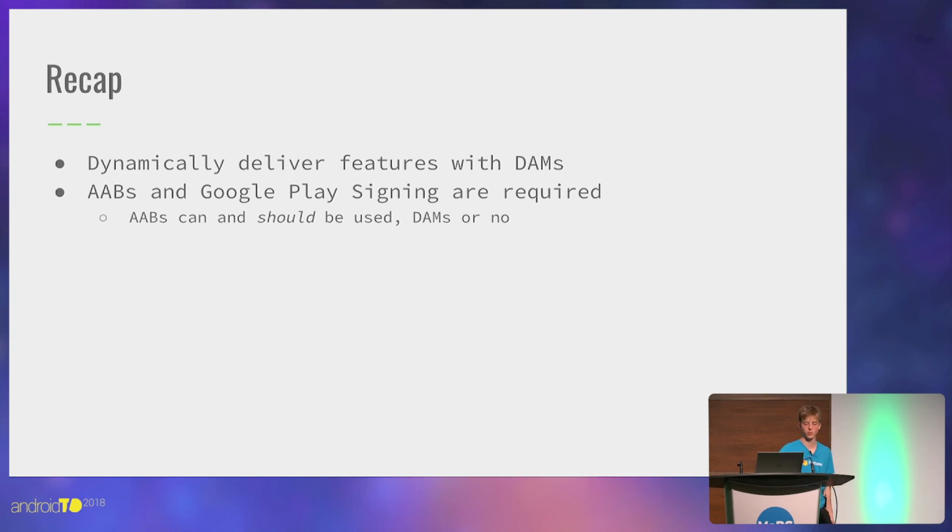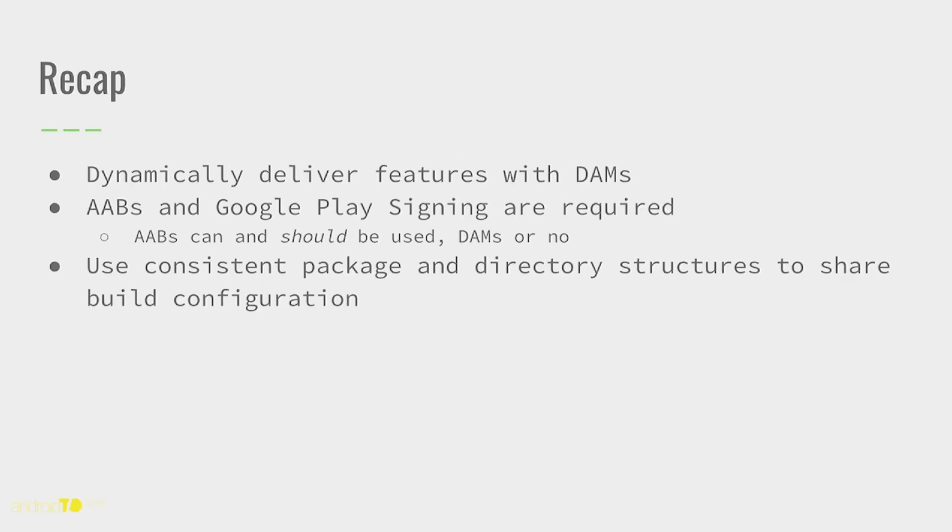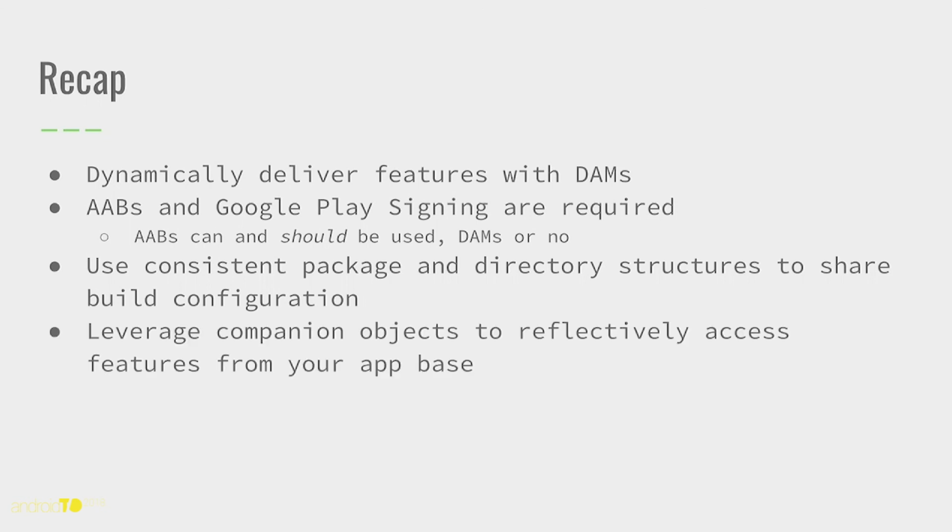That's already going to be saving your user space. And try to be consistent and follow some best practices. And then if you use companion objects with reflection, it actually works out pretty nice. In Java, it's probably going to be a lot uglier.